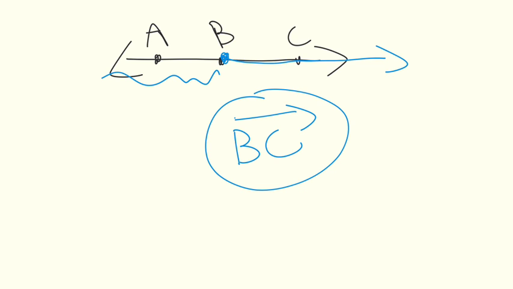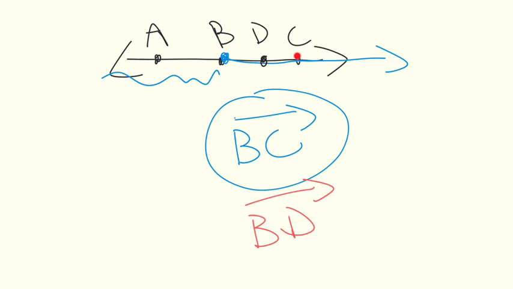Also, if I had another point in here, we'll call it D, it would also be okay for me to call this ray BD. So ray BD and ray BC are the same ray. They both start right here at B, and they both travel in the same direction and go through all the same places.